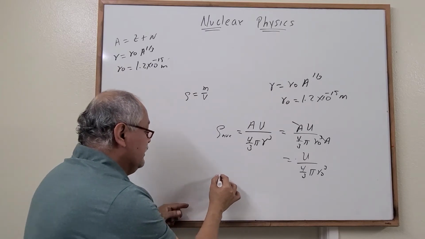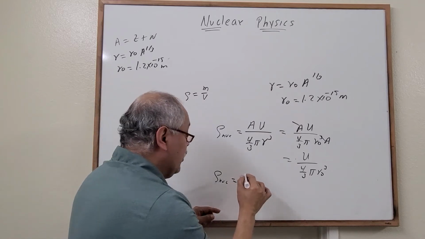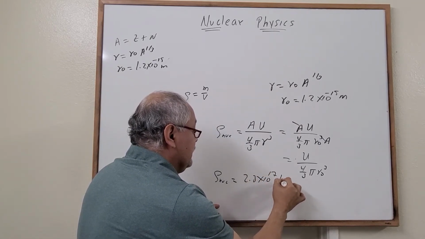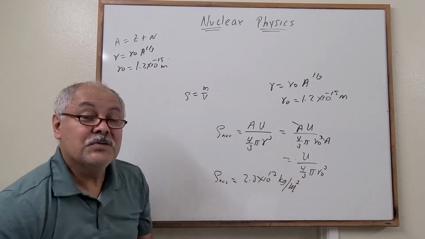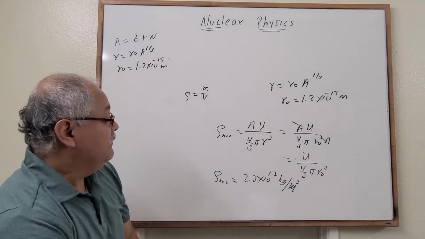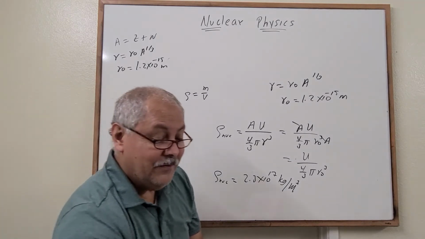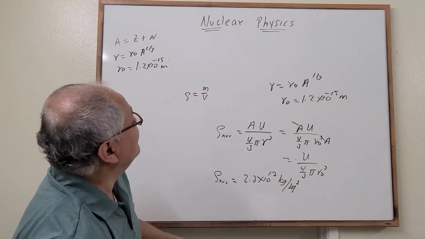When we substitute the values, the density of the nucleus is about 2.3 times 10 to the 17 kilograms per cubic meter, to have an idea of the density of the nucleus. Correct? Perfect.